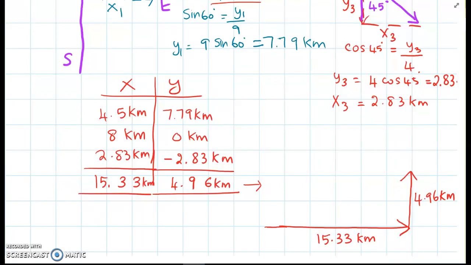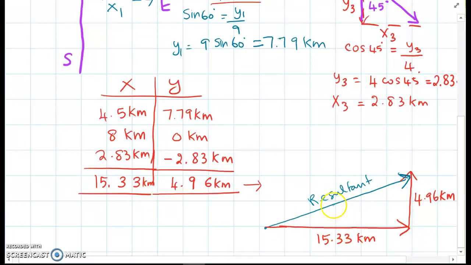So our resultant is going to be drawn from tail to tip. This is our resultant of all the three vectors. Now that we have reduced these vectors into right angle vectors, we know how to find the magnitude of this resultant. We're going to use the Pythagorean theorem to solve for the hypotenuse.